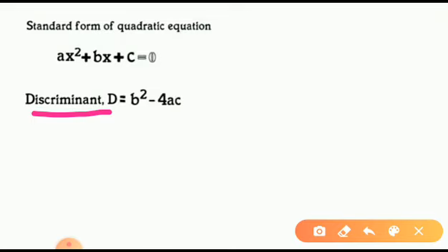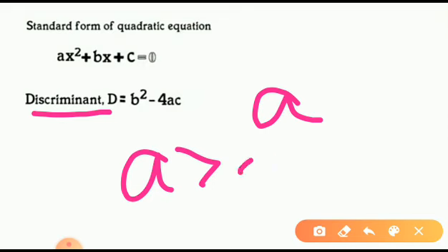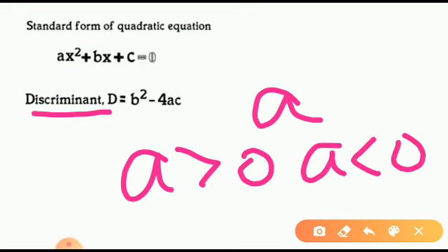If I have any real number, suppose the real number is a, can I say that a may be greater than 0, or a may be less than 0, or a is equal to 0? Yes, only these three conditions we have. No other condition will be there on that a.